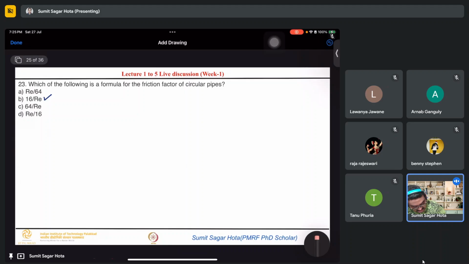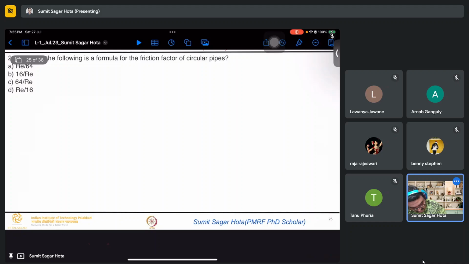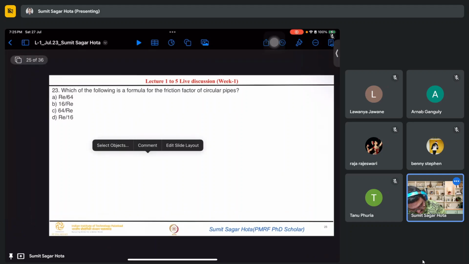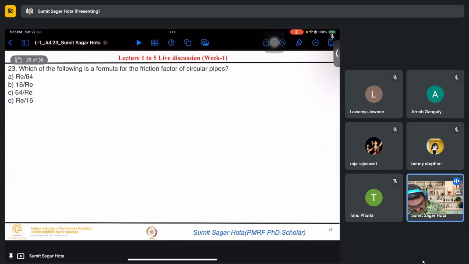So obviously the correct option for this question is 64 by Re, not 16 by Re. If it is the coefficient of friction, then the answer will be 16 by Re. Okay, so friction.